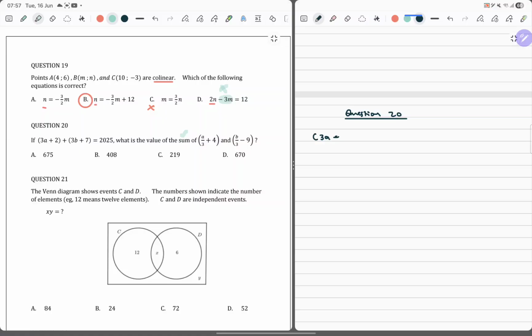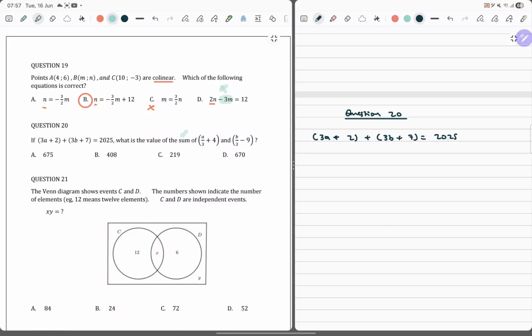So 3a plus 2 plus 3b plus 7 is equal to 25. Now, what I can see there is that this is 2000 plus 25.